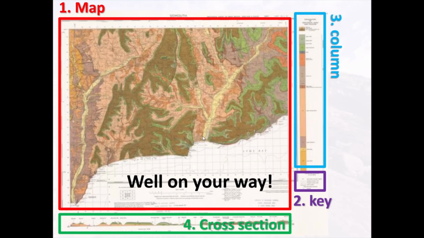We've got a map, we've got a cross-section, and we've just built a rudimentary stratigraphic column that's got a key that describes what's going on. So even though it's a fair bit of information to take in, I think you guys will be fine to tackle the second lab now.